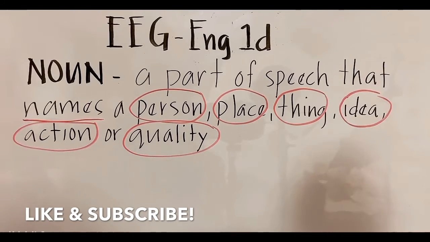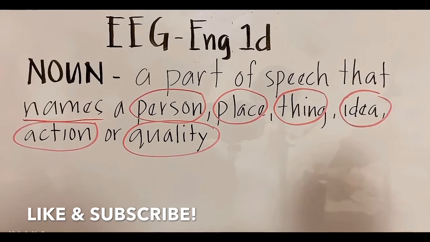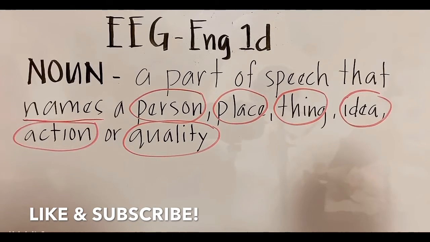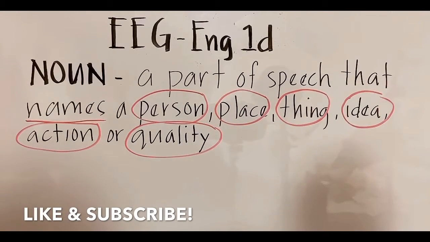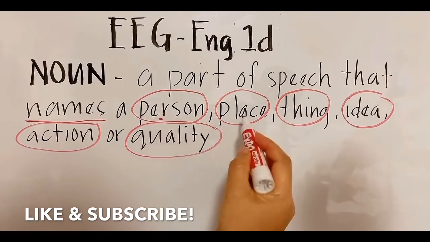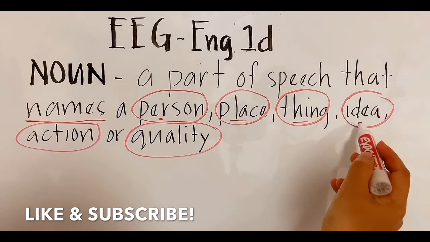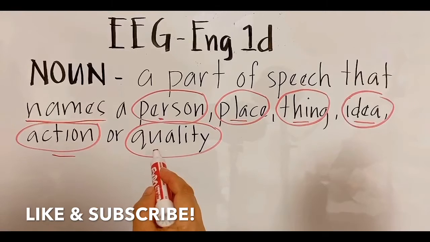Remember in the previous video that we talked about the sentence, and it has two main parts, the subject and the predicate. Regarding the subject, we said that it is that or that one which is being talked about in the sentence, and it should answer the question what or whom. What is being talked about in the sentence, or whom is being talked about in the sentence. When we ask what or whom is being talked about in the sentence, it could either be a person, a place, a thing, an idea, an action, or quality.